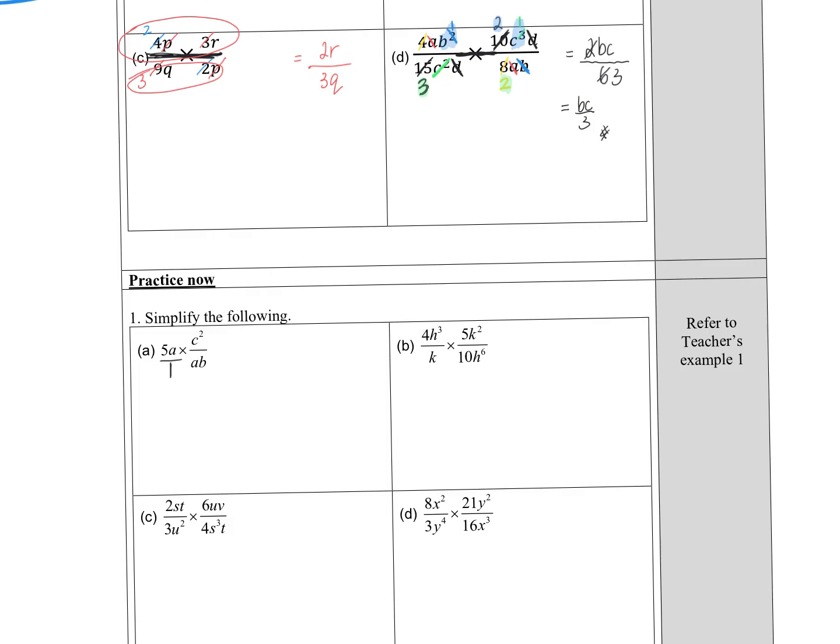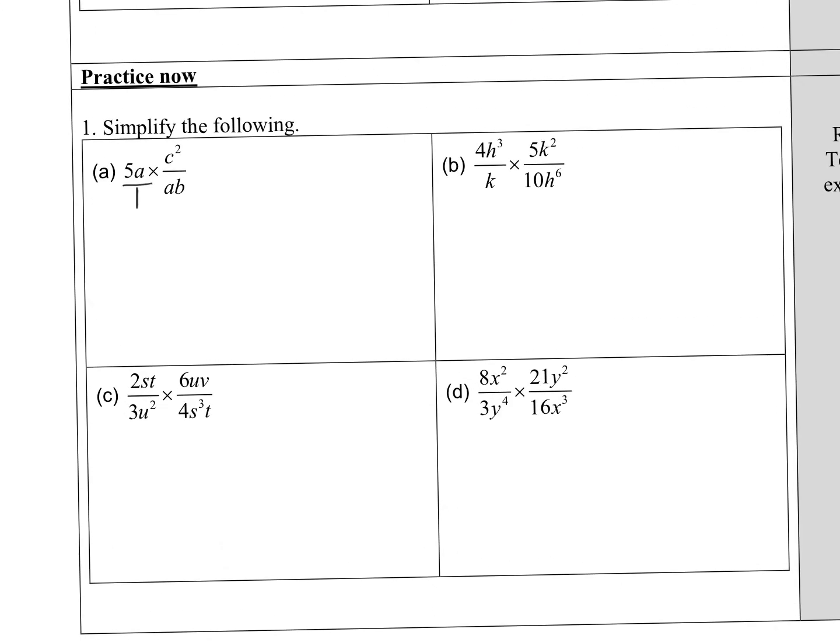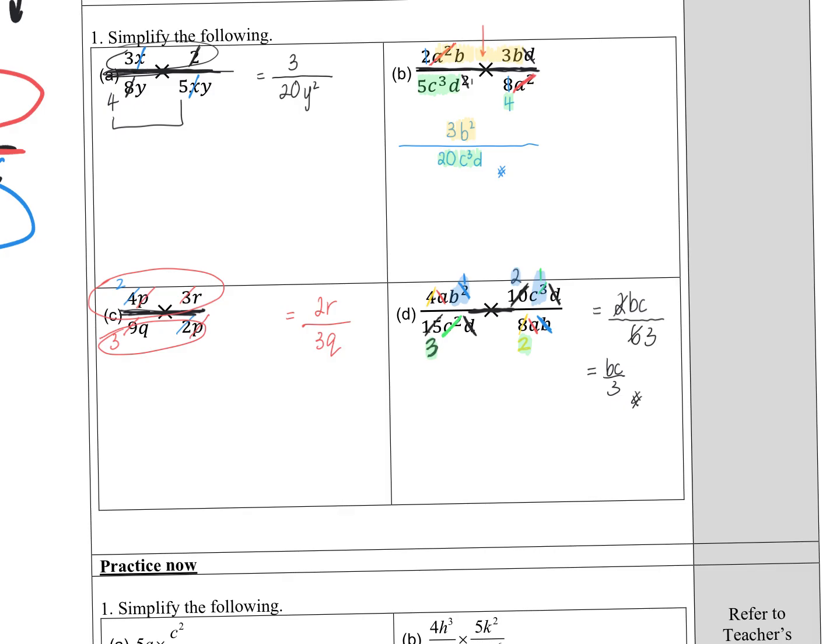You need to practice. Okay, do A, B, C, D now. This should be the simplest part where you get marks, 4.1.